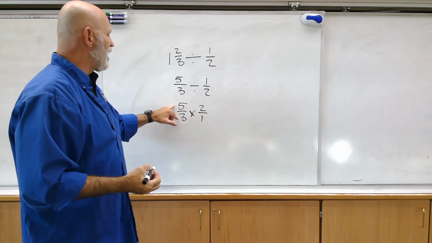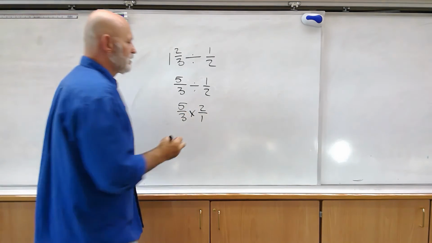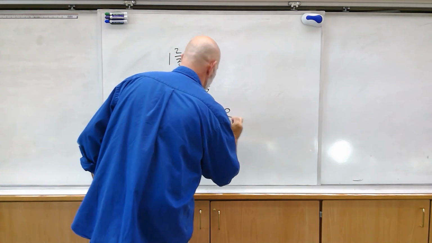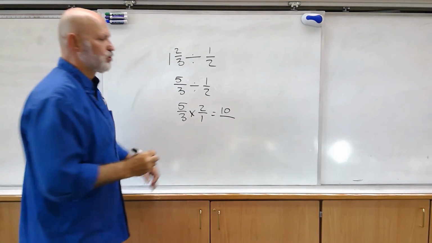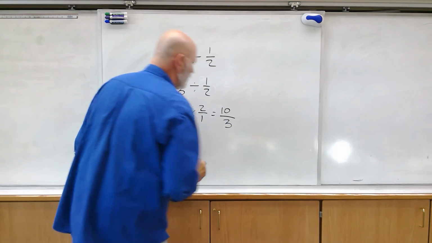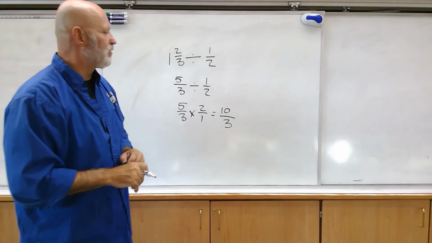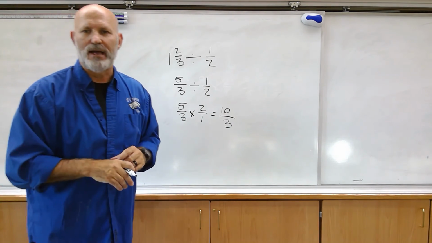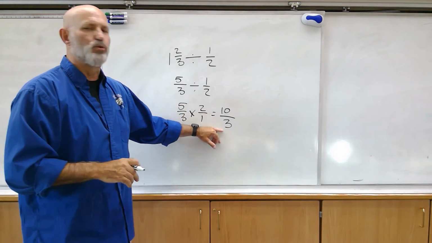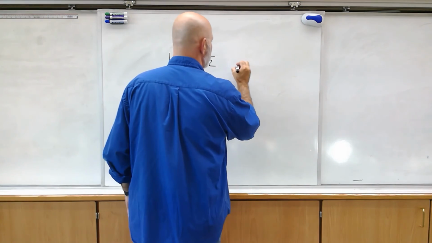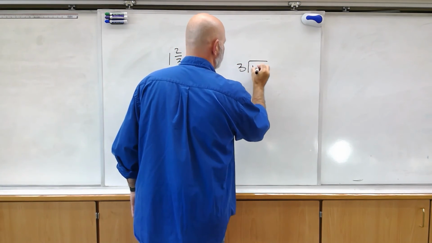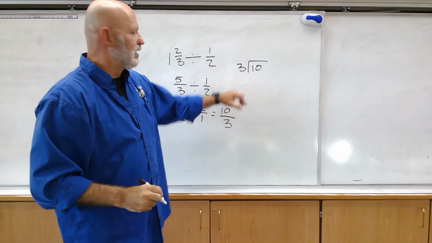Now I've got 5 times 2 is 10, and 3 times 1 is 3. So now I've got 10/3. Got an improper fraction, so now I need to simplify it. I'm going to turn that improper fraction into a mixed number with a division problem like this.